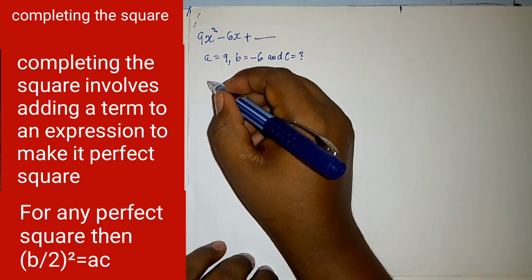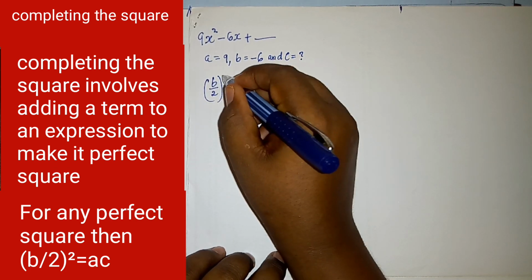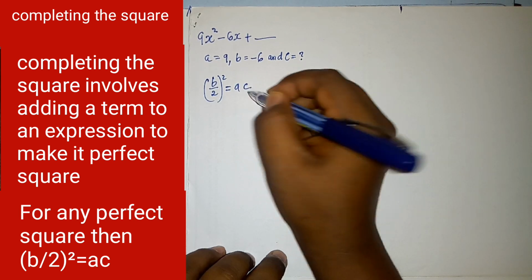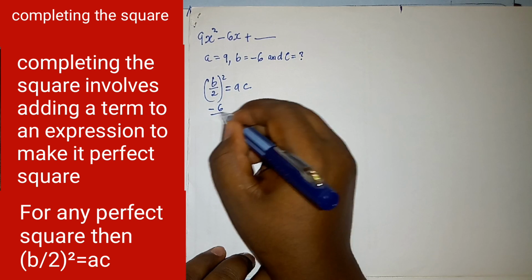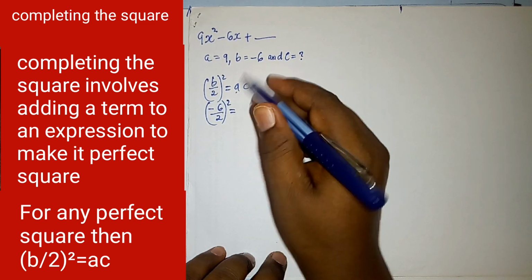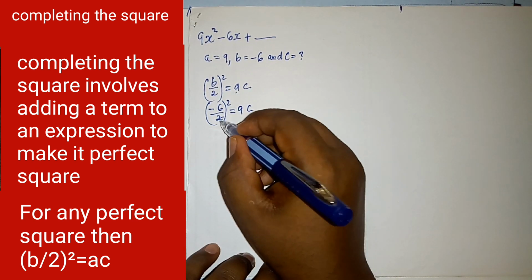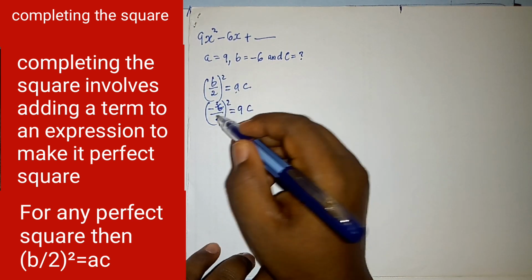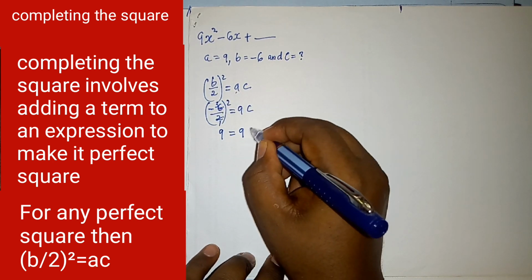So therefore we have said that for a perfect square, b all over 2 squared should be equal to ac. The value of b is -6, so we have -6 all over 2 squared should be equal to a, which is 9, times c. So -6 divided by 2 we have -3. -3 squared, that is 9, should be equal to 9c.